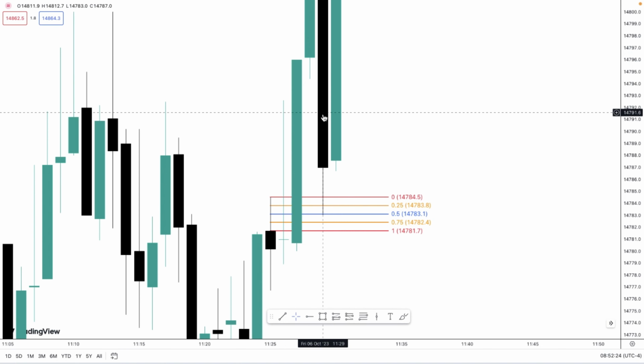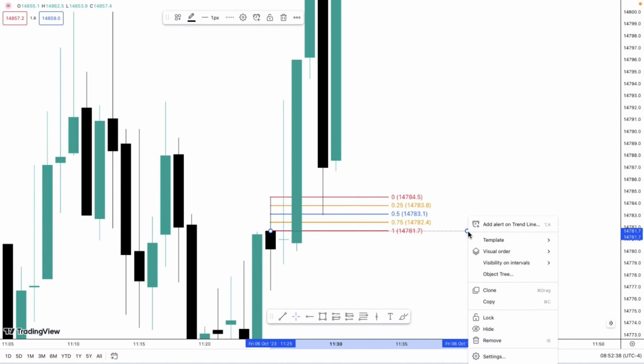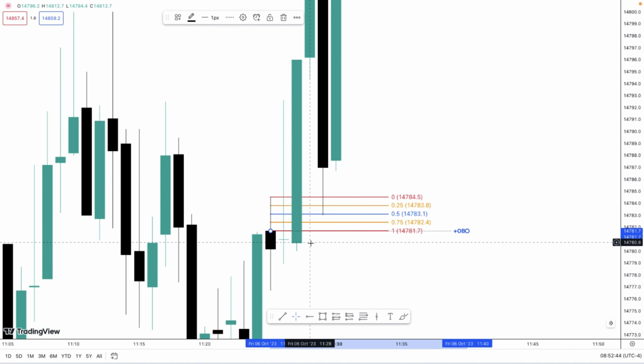So as it comes back to seek discount, this order block, this is an order block. I like to mark the order block using the opening price, because the opening price of the order block is the order block. So that's the bullish order block. The midpoint of the order block is the main threshold.